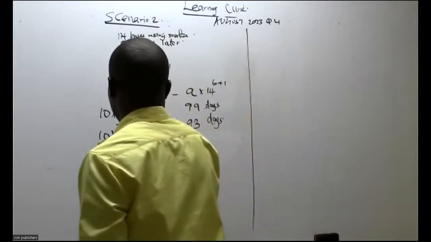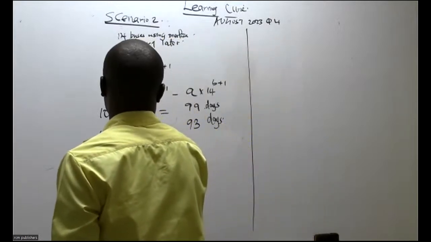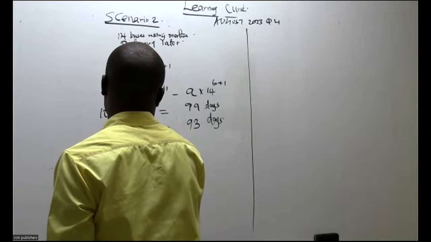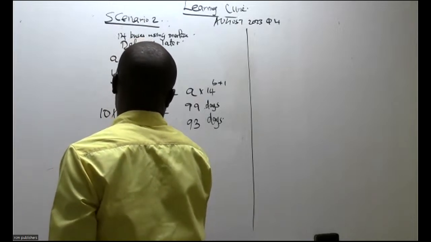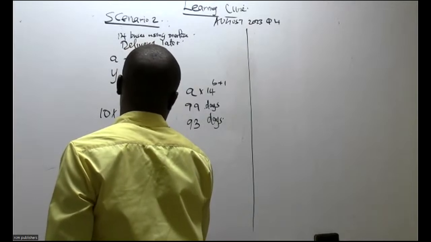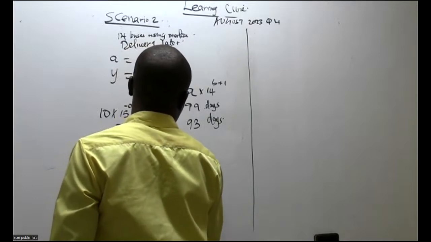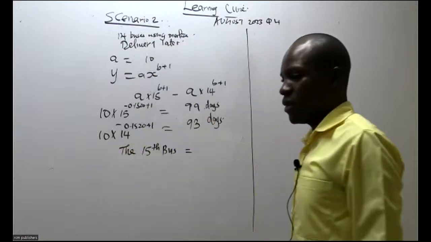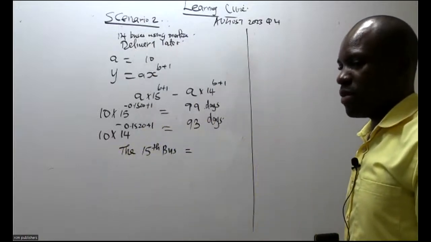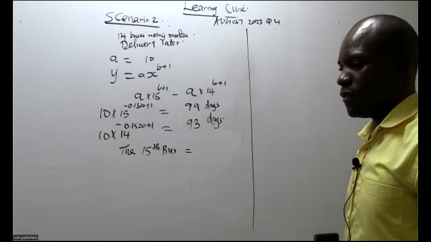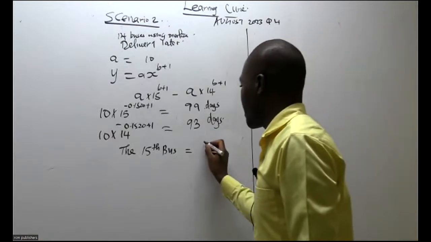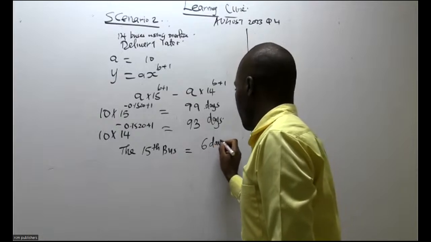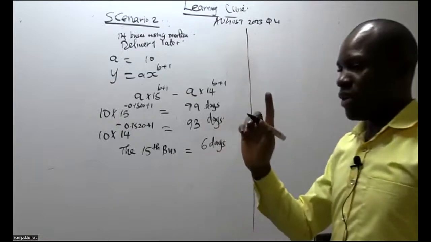So the last bus, or the bus to be delivered later, is the 15th bus. How many days will it take for you to produce the 15th bus? It will take us 6 days. That's a new thing being introduced.